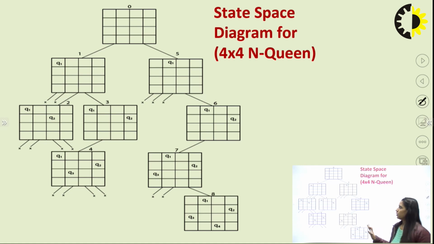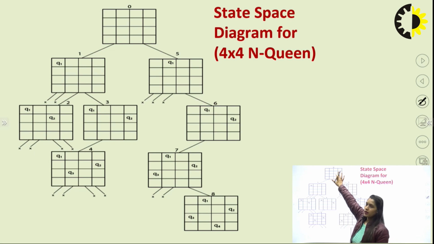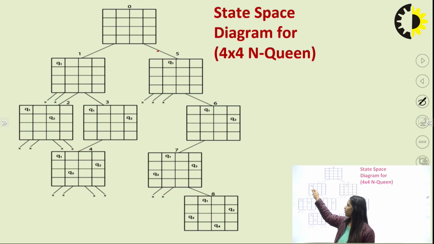See, basically your board is empty, okay? When you first place Q1 here, okay, then after placing here, if you use Q2 here, okay, now when you use Q2 here, is there any direction in which I can put Q3 diagonally?